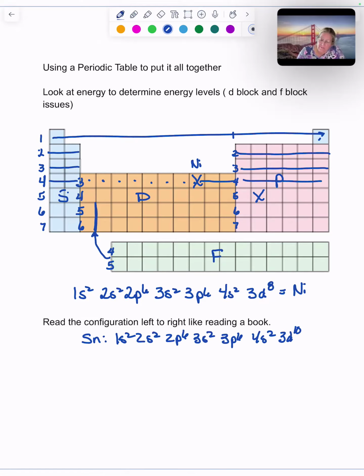We're going to hit 4p. Now we're going to hit 5s with 2. 4d is going to be filled with 10. And now we're in 5p, and we're over 2, so 5p2.